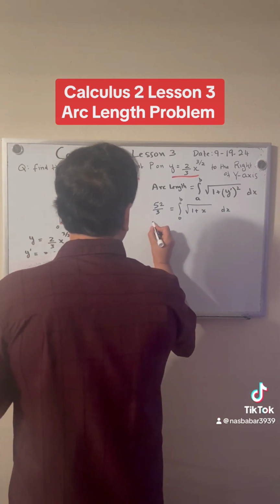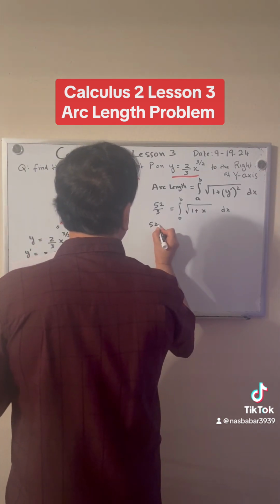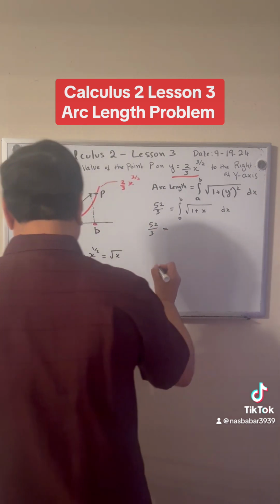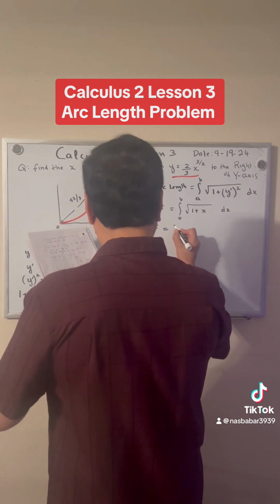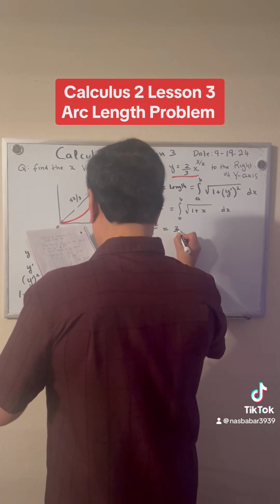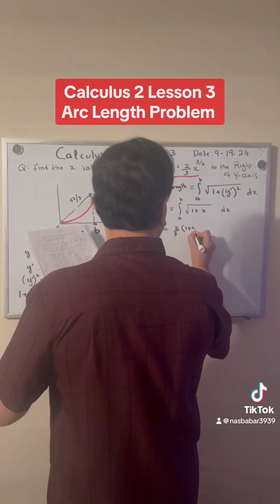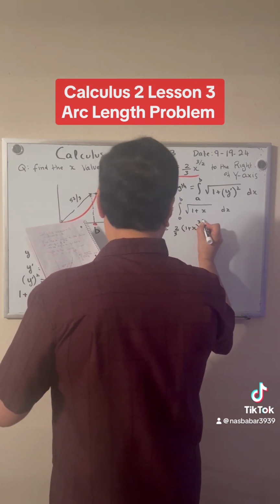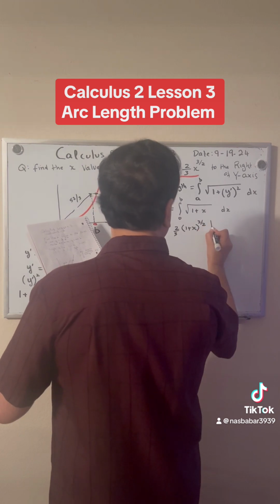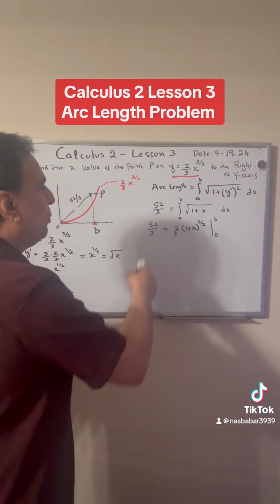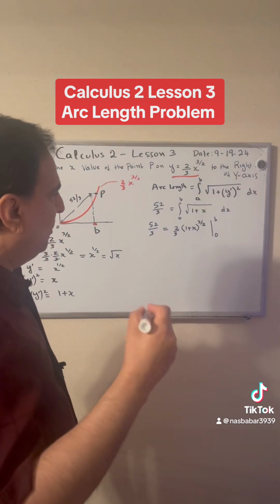So when I apply integration, 52 over 3 on the left hand side stays the same. Okay, so this becomes 2 over 3 times (1 plus x) to the 3 over 2, and the range is from 0 to b. If you need to brush up on your integration, please do that.